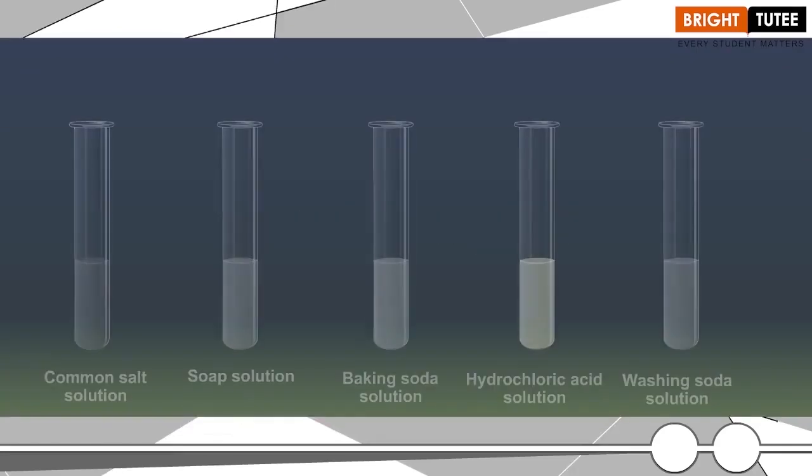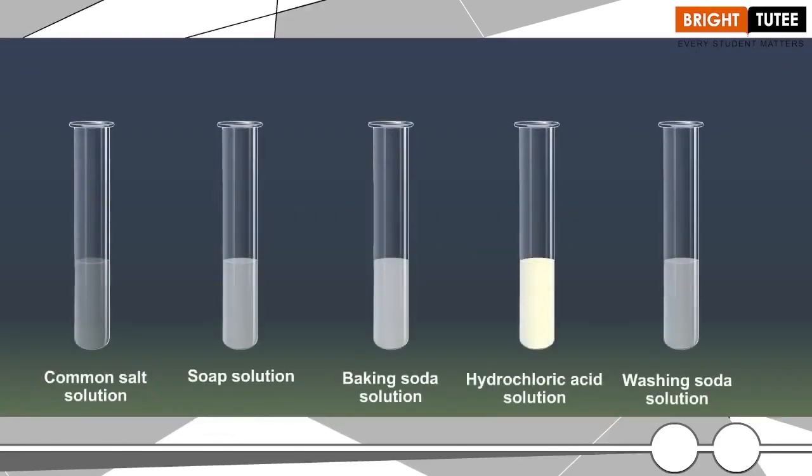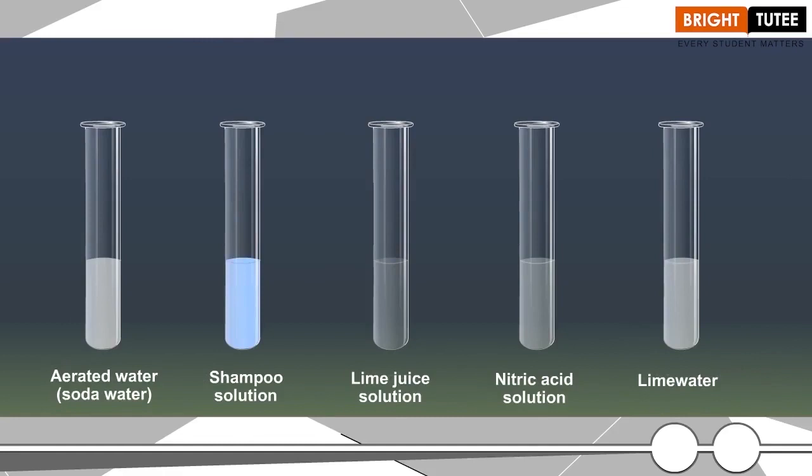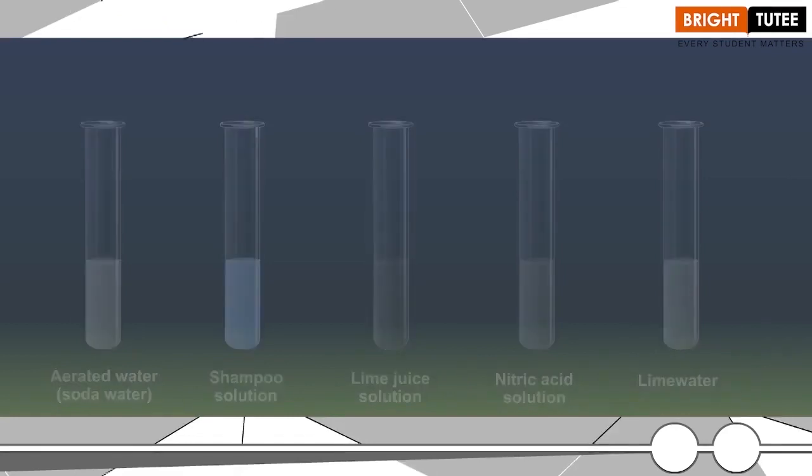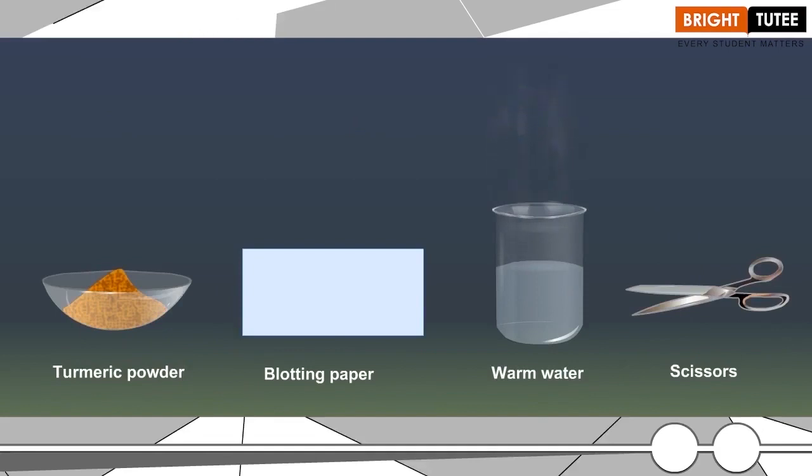To find the effect of acidic and basic solutions on turmeric as indicator. Materials required: common salt solution, soap solution, baking soda solution, hydrochloric acid solution, washing soda solution, aerated water, shampoo solution, lime juice solution, nitric acid solution, lime water, turmeric powder, blotting paper, warm water, scissors.